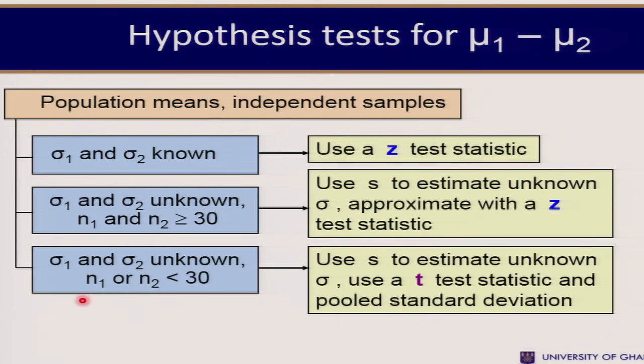If they are unknown and they are very small samples, then we're going to use the sample standard deviation to estimate our unknown sigma, and then go ahead and use a t-test statistic and a pooled standard deviation.